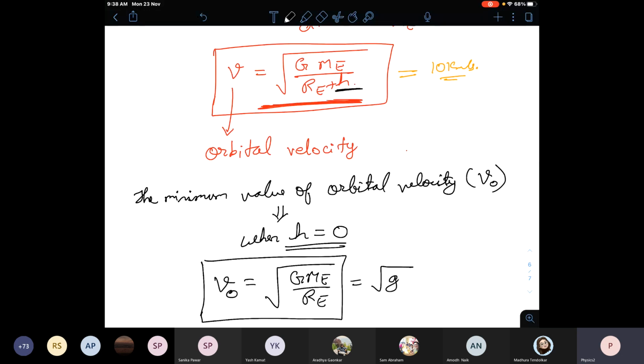Under root of g Re. We have done this replacement in escape velocity also, so I am directly writing here that under root of G Me upon Re can be replaced as g Re also. So the orbital velocity comes out to be equal to under root of g Re. This is another formula which you have to remember.